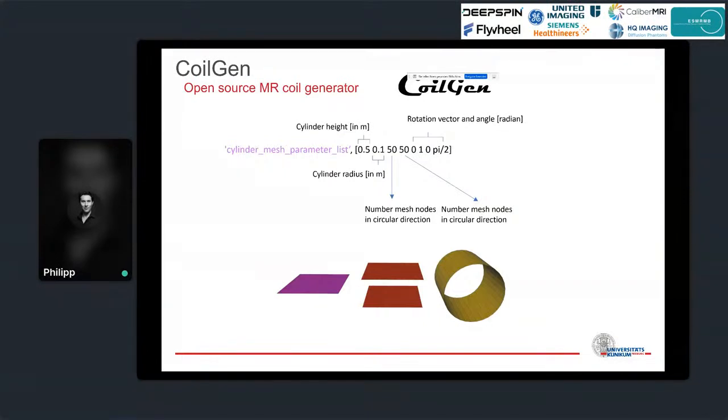But as I also mentioned, you have to define the geometry, and for these three examples, the monoplanar surface, the biplanar surface, and the cylinder, there are internal functions which are fully parameterized. For example, there's a function called create cylinder mesh, and there you only need to specify the height of your cylinder, the radius, and the number of nodes. With the number of nodes, you can play with the resolution or the fidelity of your gradient coil, but it also decreases the computational effort.